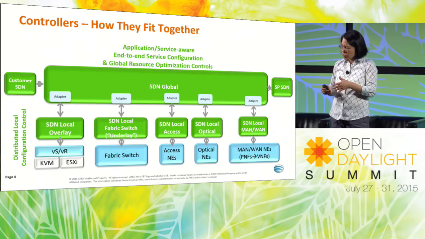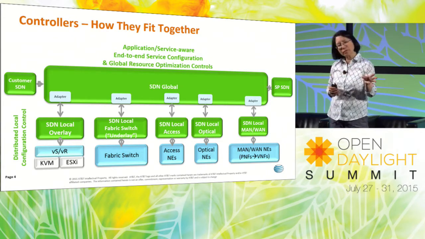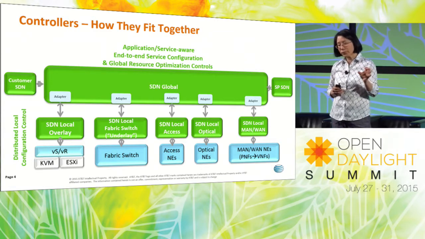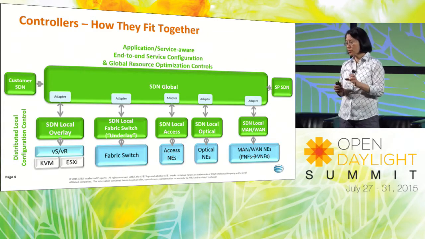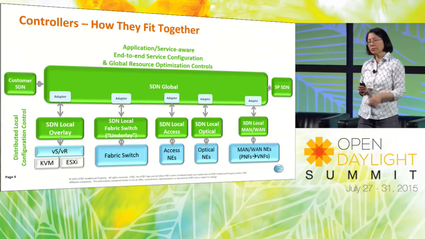And this shows the areas where we're seeing groupings. In the virtual switch and virtual router world, we see a set of local controllers that are different from the set related to a fabric switch, different from access, optical, and then of course the WAN.